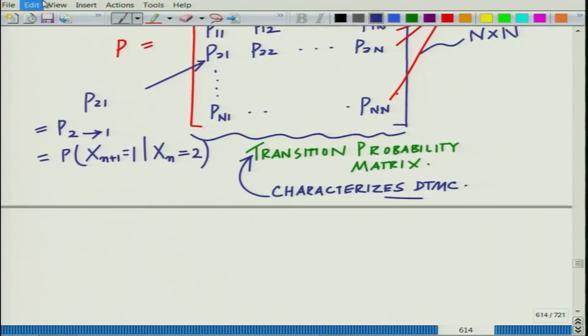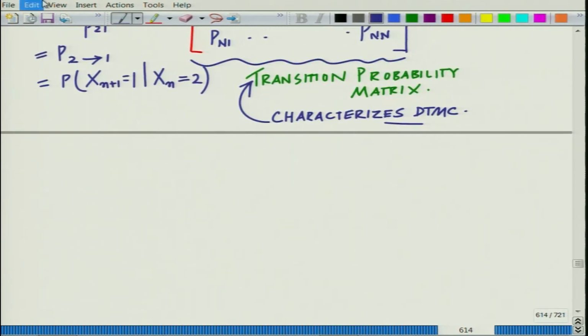This is your n cross n transition probability matrix, where Pij denotes the probability of transition from state i to state j.